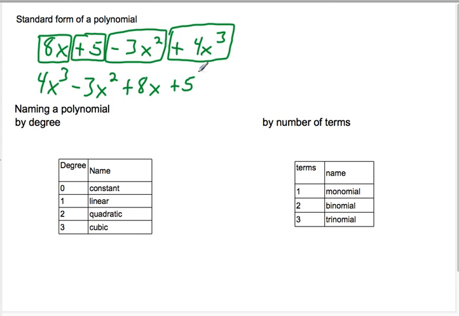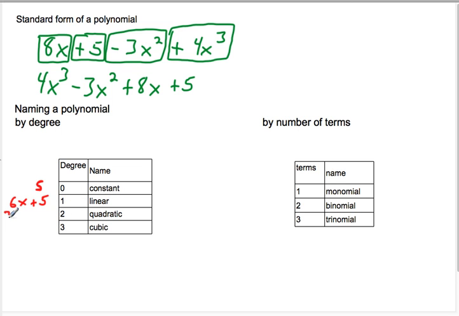Now naming a polynomial can be done in two ways, and we often do that at the same time. You can name them by degree. Let me give you an example of a degree 0 polynomial. Well, it's really a monomial, so 5 you would call a constant. If we said 6x plus 5, so you look for the highest degree, and it's 1, so we would call that linear.